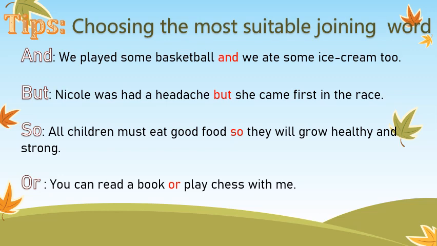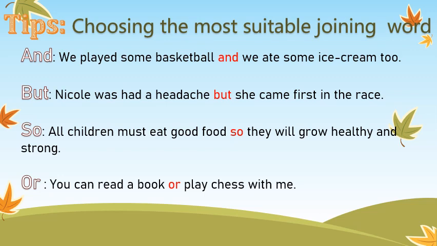The next one is "or". We use "or" when we have options or when we have choices, this way, that way. You can read a book or play chess with me. The next part is "because".